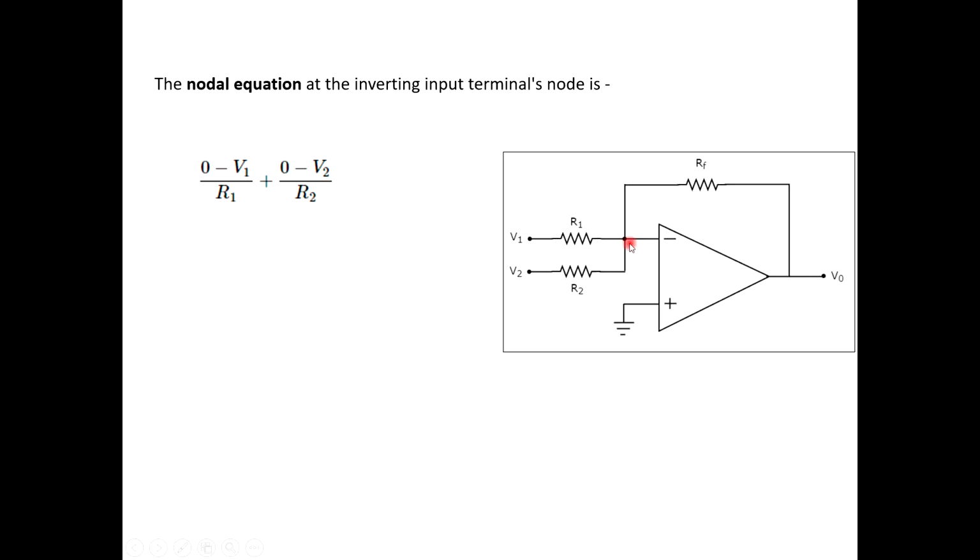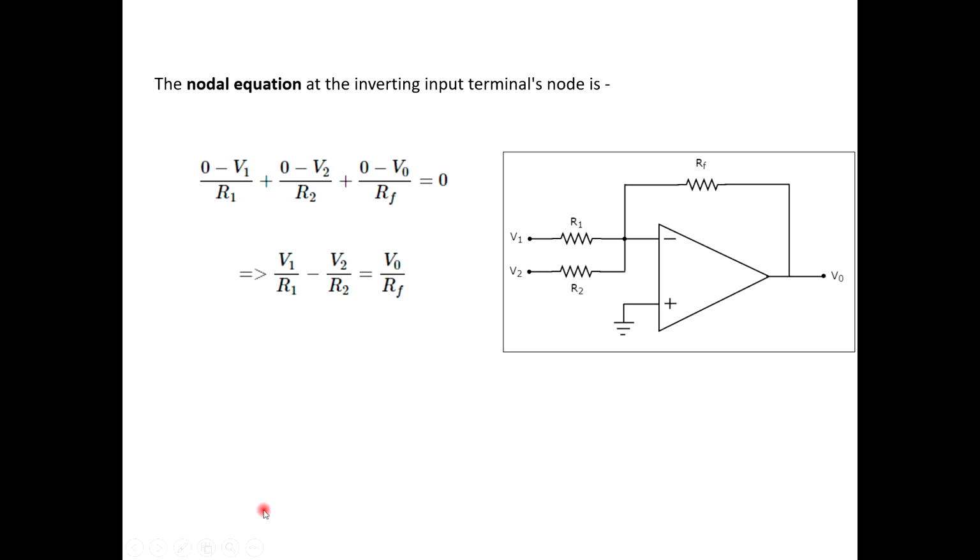Yes, this is (0 minus Vout) divided by the resistor RF. So that will be the third current, and the sum of all these currents would be equal to 0 because there is no current flowing into the op-amp. So this is the nodal equation for the inverting input terminal. If we simplify this further, removing all the zeros, we get V1 by R1 plus V2 by R2 is equal to minus Vout by RF.